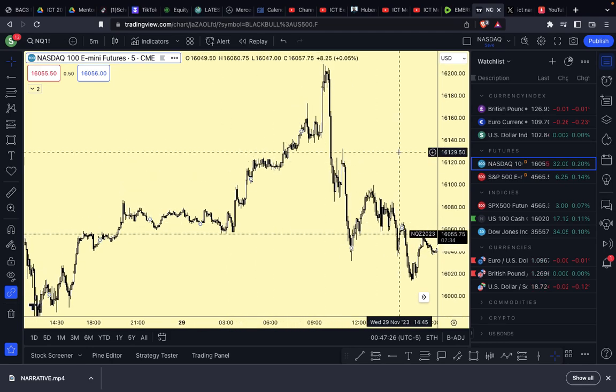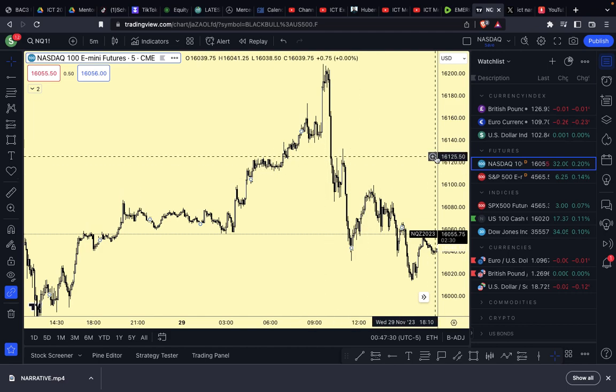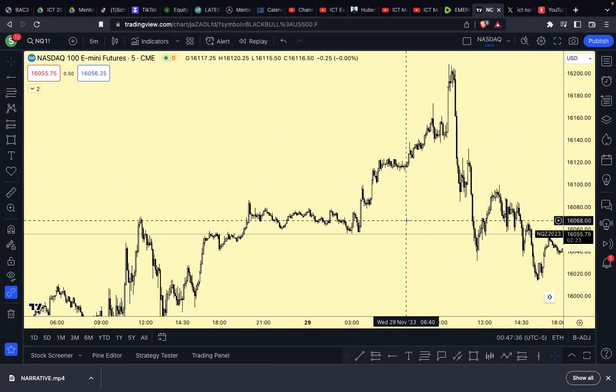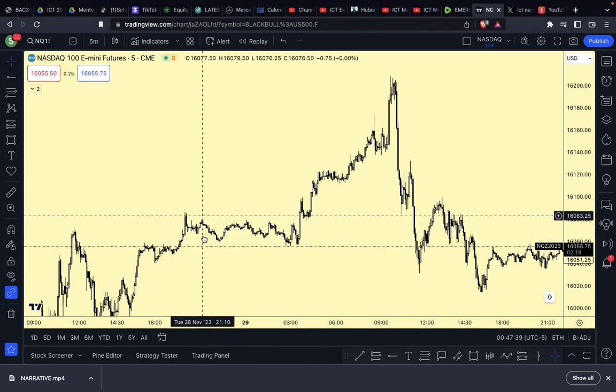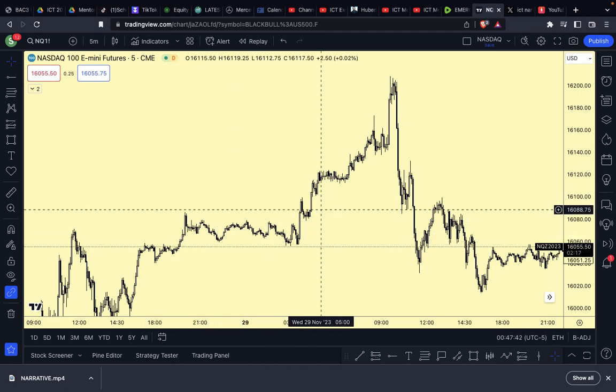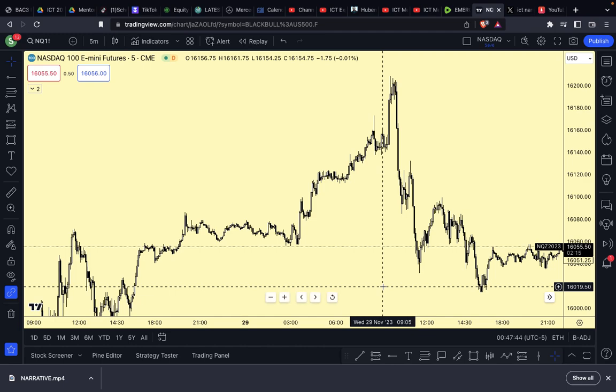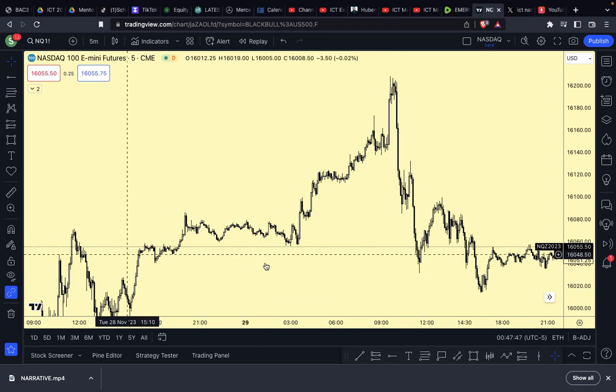Let's just annotate this one. The move yesterday, right? From that consolidation there, coming back down to clear out that.